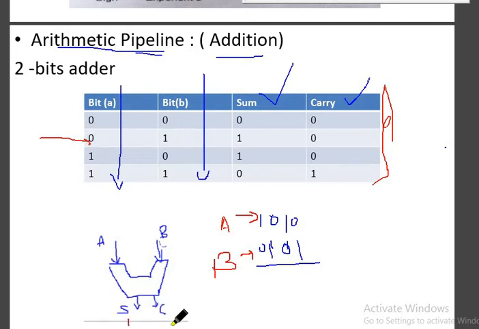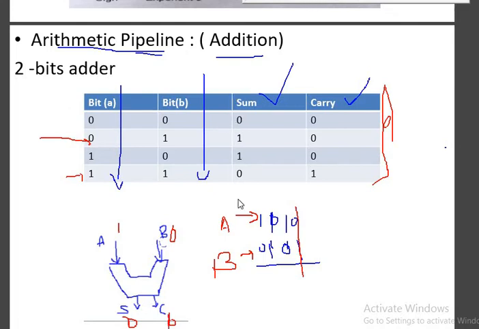Sum is 1, carry is 0. For the second bits, A1 B0, refer to the table: sum is 1, carry is 0. What is the next row? I will make a small change here so that both states can be explained. The next is 1 and 1. Take the last row: 1 and 1 means sum is 0, carry is 1.